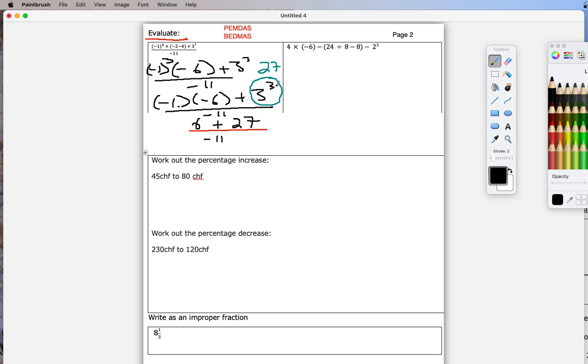I had to do the exponent, so I did the exponent. And now we can go 27 plus 6 is equal to 33 divided by -11. If you do this on your calculator, you should get a value of -3. So 33 divided by -11, you should have -3. That's your answer for the first one.